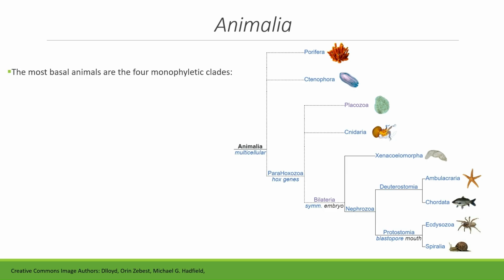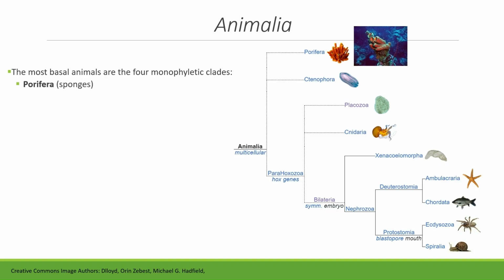Now that we understand the broader eukaryotic context, let's zoom in on the kingdom Animalia itself. The most basal animals belong to four monophyletic clades that branch off very early in the animal tree.